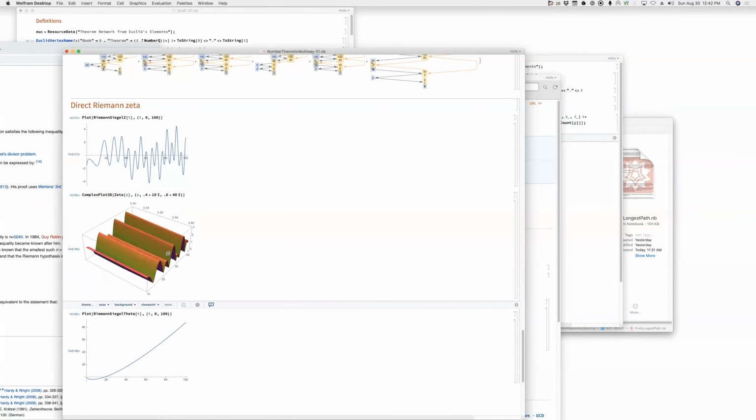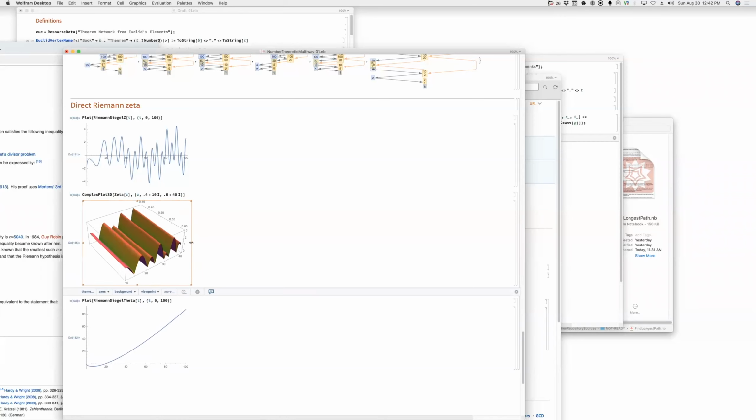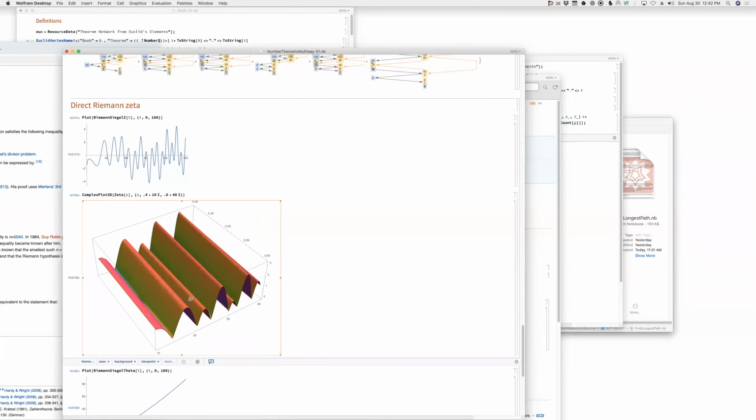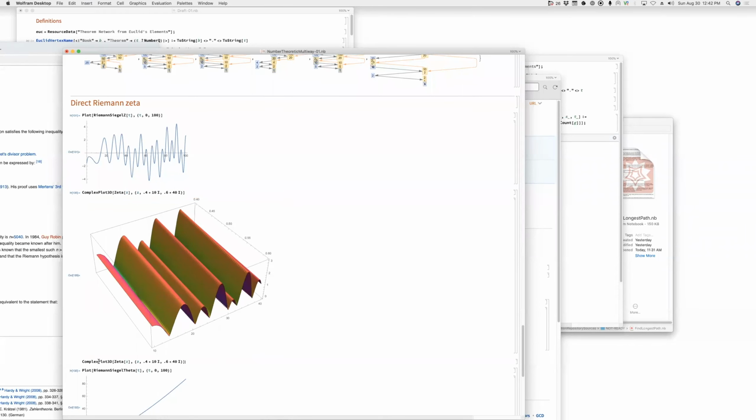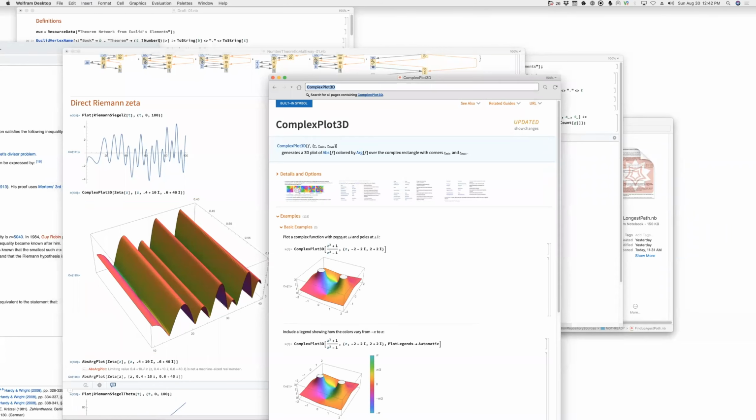So that's the zeta function in the complex plane near its critical line. Yep. So what I'm not seeing here, oh, because that's the absolute value. Wait a minute, how do I plot the absolute value? No, it generates a plot of abs colored by arg.